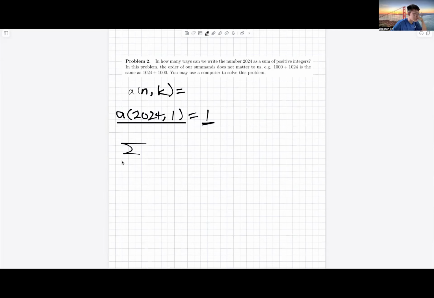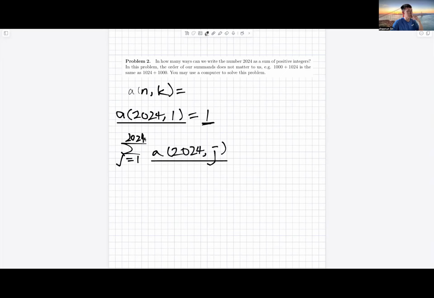So in the end, the answer to this question is just the sum of A(2024, J), right? So for J from 1 to 2024, we sum up the number of ways that we can write 2024 using one number and then using two numbers, and all the way up to using 2024 numbers to represent this.